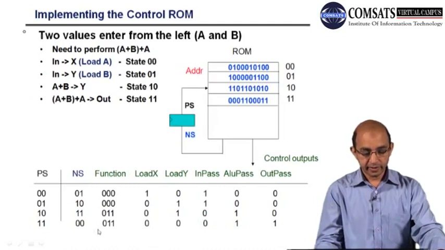Finally, this is present state 1, 1, and we are again moving towards state 0, 0. This is the function, and this is load. There is no loading, so we only have to make the ALU pass 1 and out pass 1.